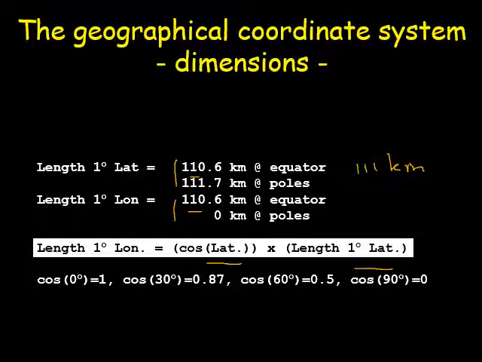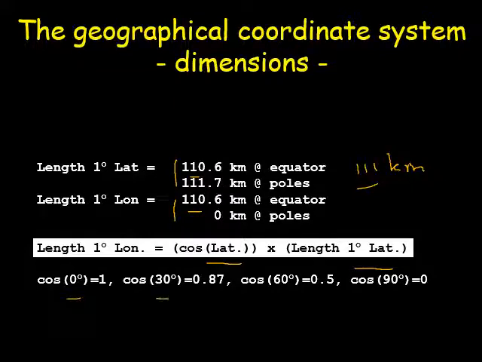So you take the cosine of that latitude times the length of 1 degree latitude, so times 111. At the equator, the cosine of 0 is actually 1. So at the equator, the length of 1 degree latitude and 1 degree longitude are approximately 111 kilometers.